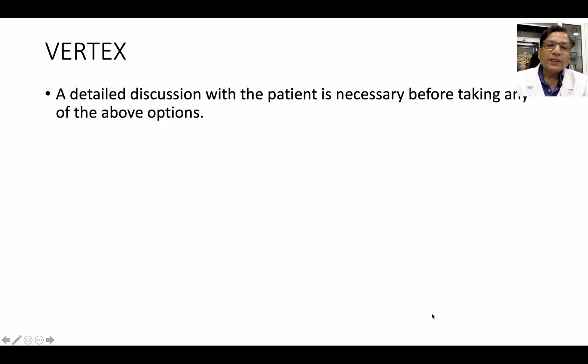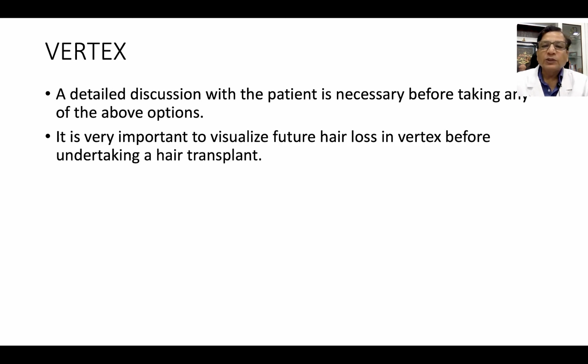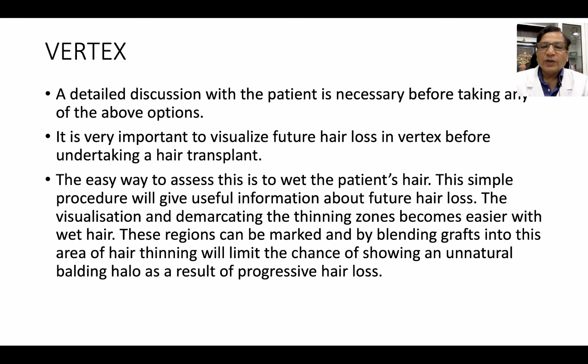Now, a detailed discussion with the patient is necessary before taking any of the above options. It is important to visualize future hair loss in the vertex before undertaking a transplant. The easy way to assess this is to wet the patient's hair. This simple procedure will give useful information about the future hair loss.